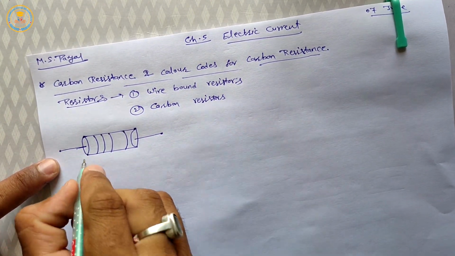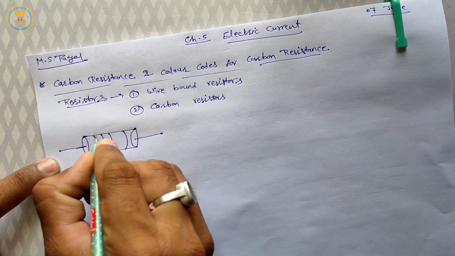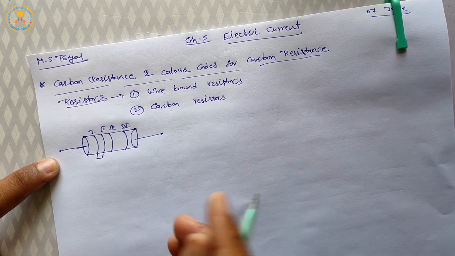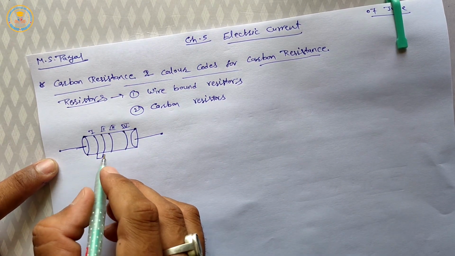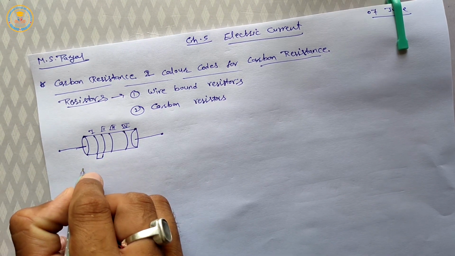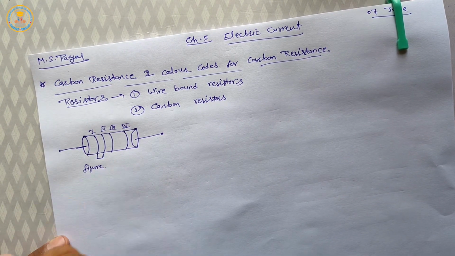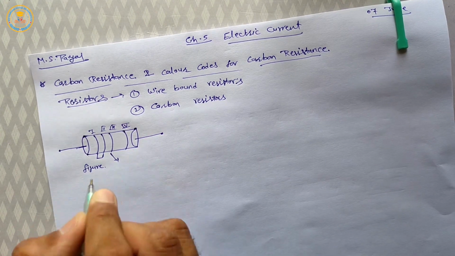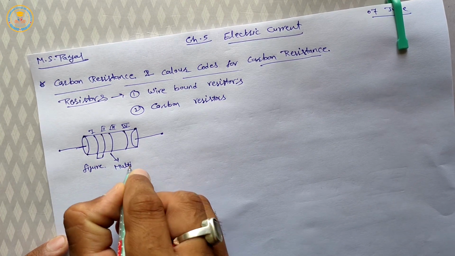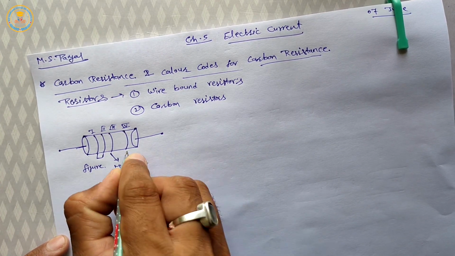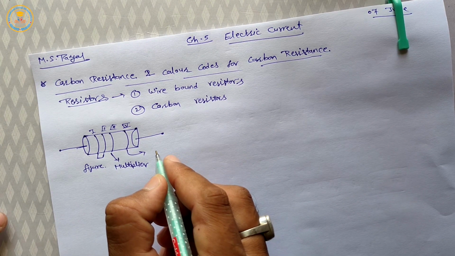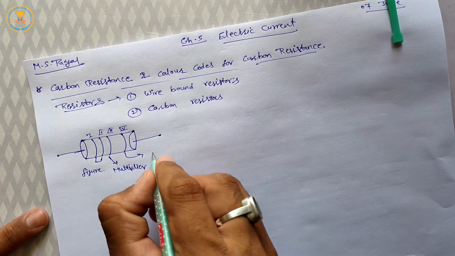In these rings, this is first, this second, this third, and this fourth. The first two rings represent the first two digits, meaning figures. Okay, and the third ring represents the multiplier, and the fourth ring represents the tolerance of a resistor.